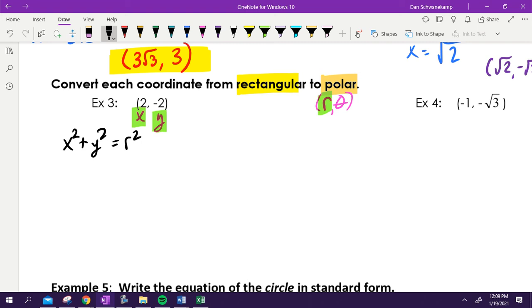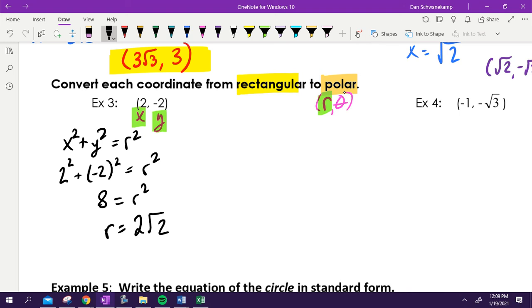Then we just plug it in. 2 squared plus negative 2 squared equals r squared. So 8 equals r squared. What is your r going to be equal to? 2 root 2. That is my r value. Great. There's that one.